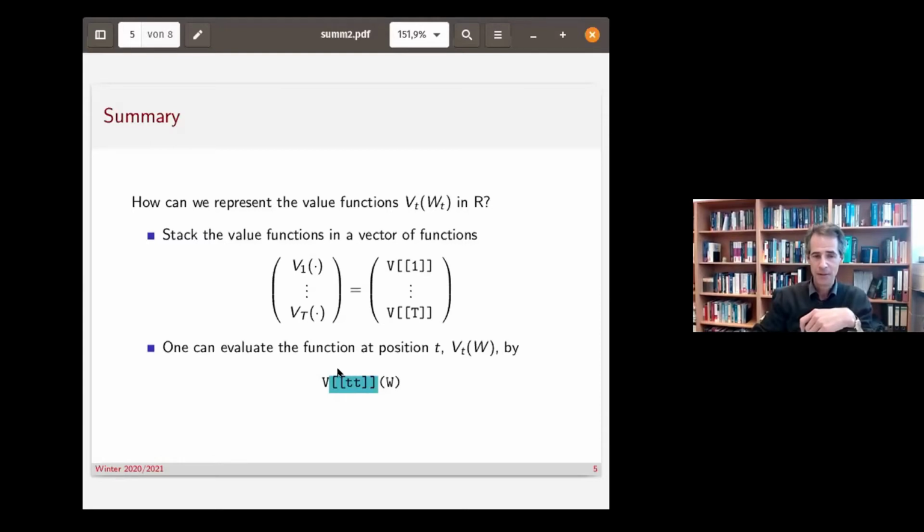And then this is a function. So we can use it just like any other internal function in R, and use the round bracket notation to input an argument into that function. In that case, we just use W and evaluate the value function for period t at any point W. So that's the R equivalent to this notation here.